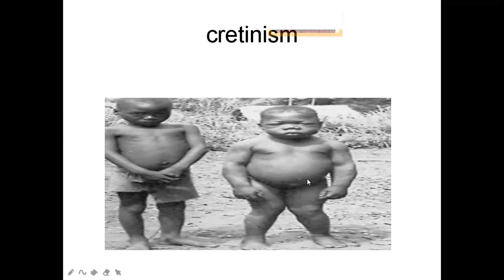He is a mentally retarded person having a pot-like belly, yellow skin, and dwarfism. You can see, if you compare this cretin child with a normal child, this cretin child is a dwarf. That means his height is less.